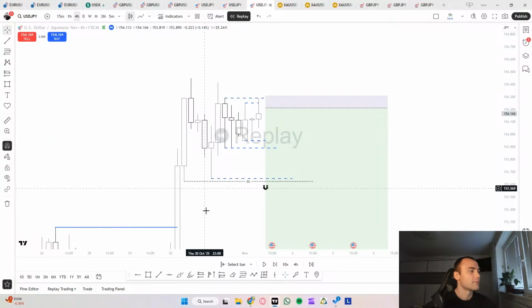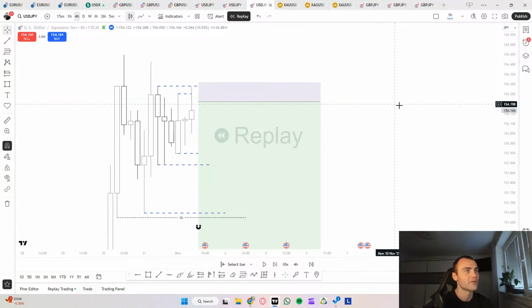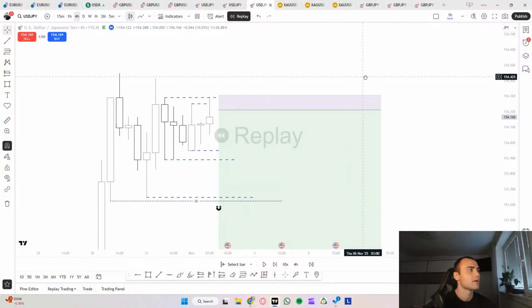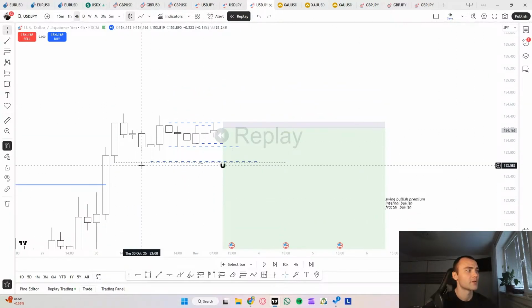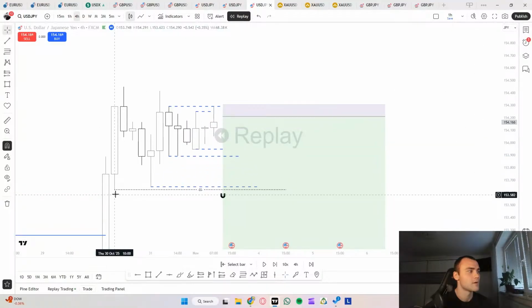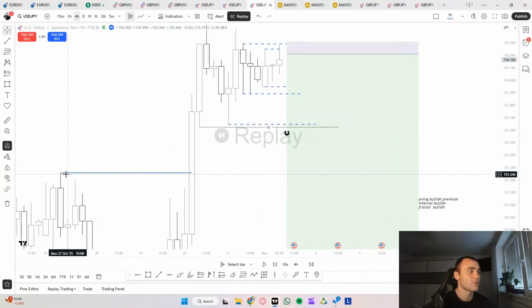I use blue lines for 4 hour, yellow lines for 1 hour, purple lines for daily, red lines for weekly, dark lines for monthly, and green lines for 15 minutes. I use dotted lines for liquidity, interrupted lines, I don't know, for ranges, and full lines for swings.